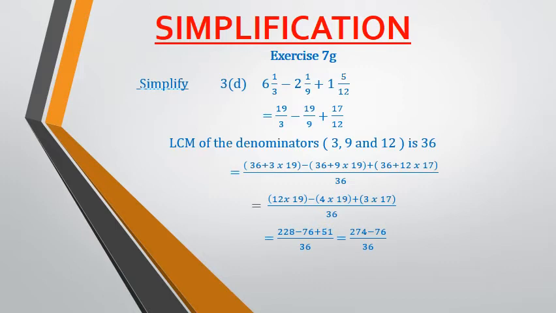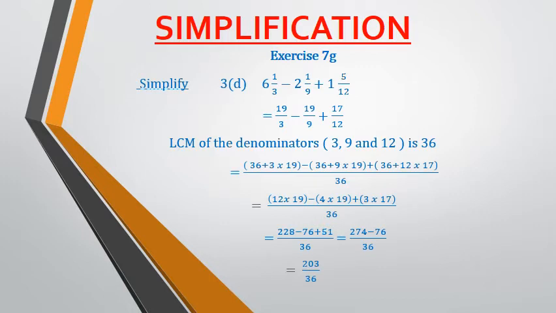Now here in the numerator part we need to do the simplification, that is we will add the two plus sign numbers together, and then from their sum we are going to subtract 76. So when we add 228 and 51, we get 274, and from 274 we will subtract 76. So 274 minus 76 upon 36, which is equal to 203 by 36.